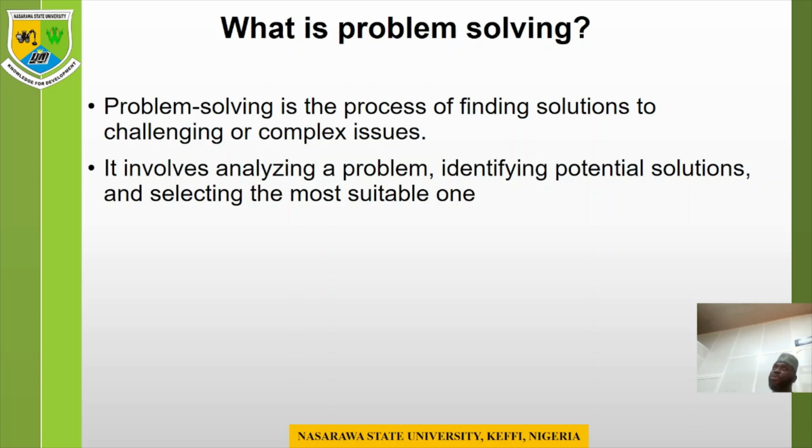At the end of analyzing the problem, as you will see when you study software engineering processes or system analysis and design, it is expected that you define the specification, what exactly your client actually needs.